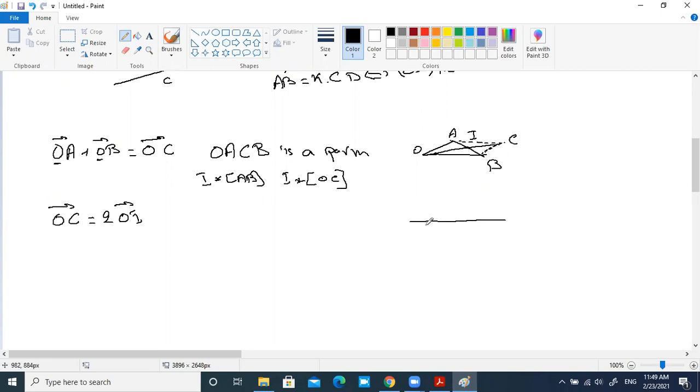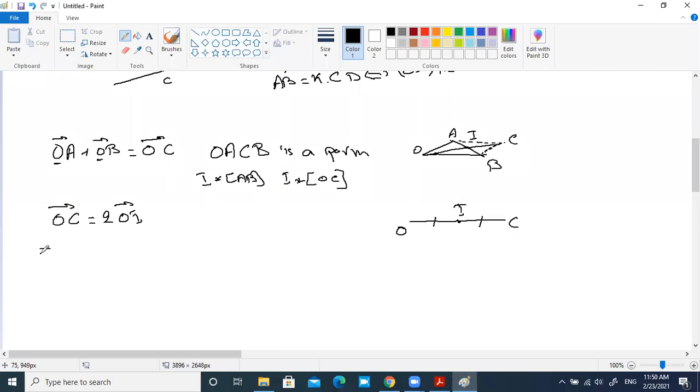Let's redraw it by itself. This is O, this is C, and here we have point I. First of all, OC and OI have the same direction and the same sense, from O to I, going to the right side. And for the magnitude, since I is the midpoint, OC is equal to 2 times OI. So as vectors, OC is equal to 2 OI.